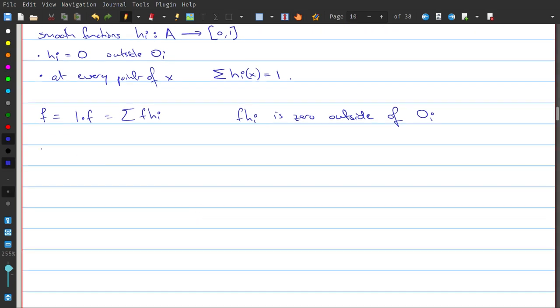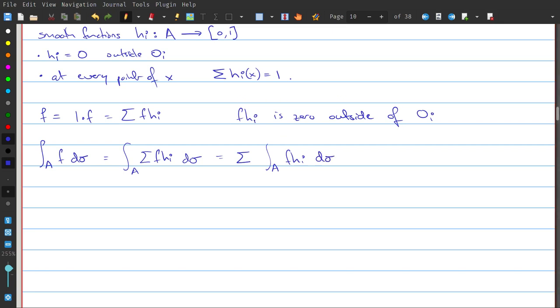So the idea is that you start off with this integral over the submanifold, you rewrite f as this sum, f h_i, over A, and then by properties of the integral, and this is where you need some of the technical assumptions about the finiteness of the sum and so on, this is the sum of these integrals.